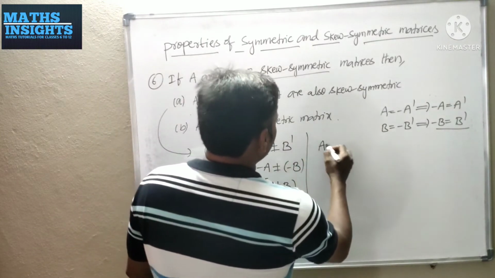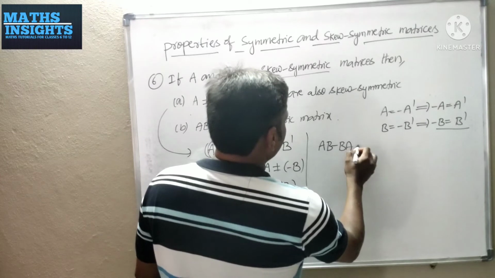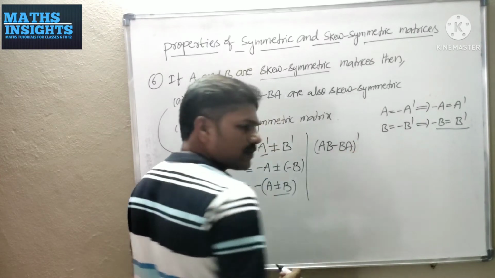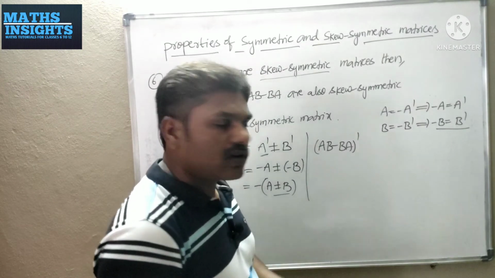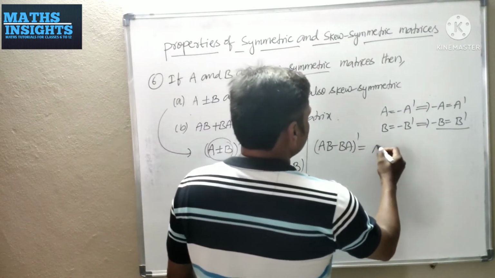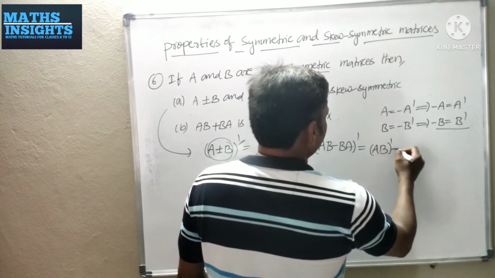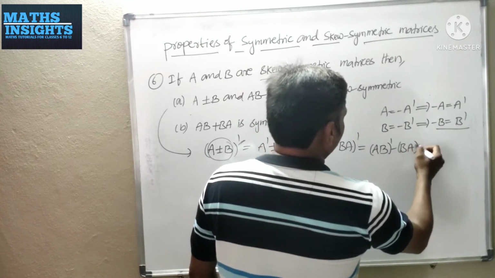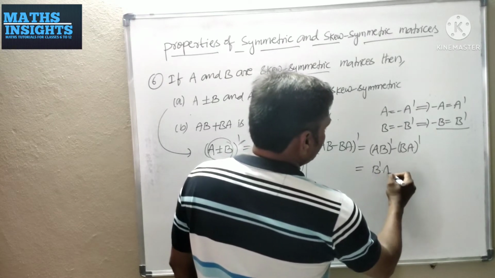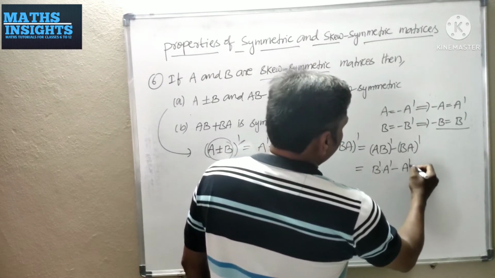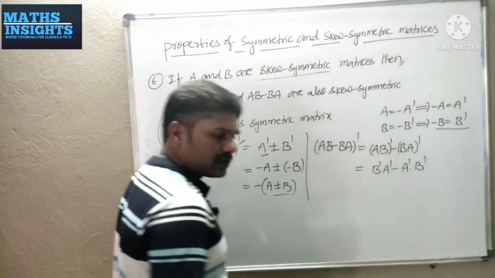Similarly, (AB minus BA)'. You have to do the whole transpose to verify whether it is symmetric or skew symmetric. Therefore this is (AB)' minus (BA)'. You know (AB)' is equal to B' into A' minus A' into B'.